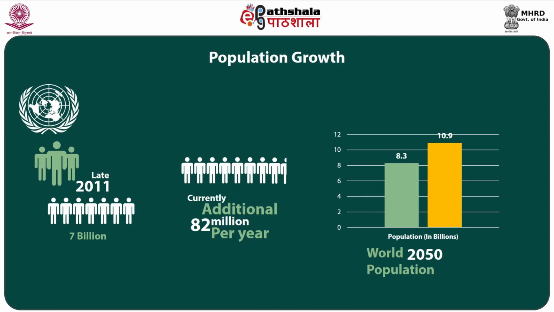But one interesting aspect to note here is that most of this future population growth will be occurring in developing countries, particularly in the least developed countries. This has a bearing on the population as well as development scenario of these countries.